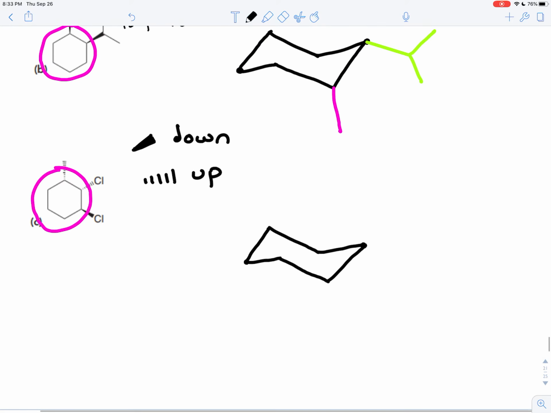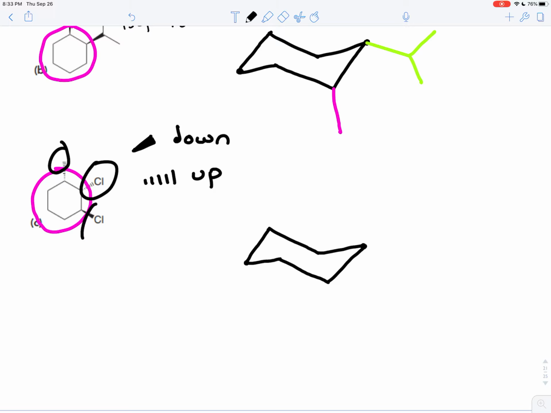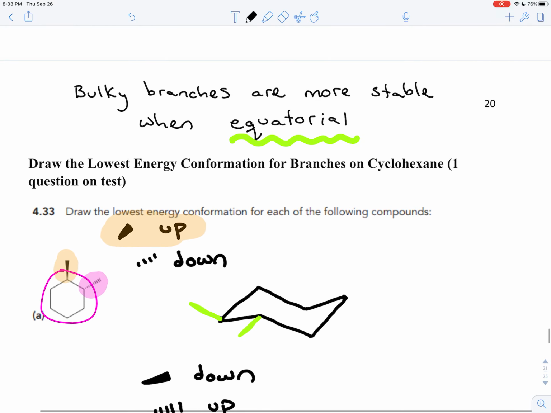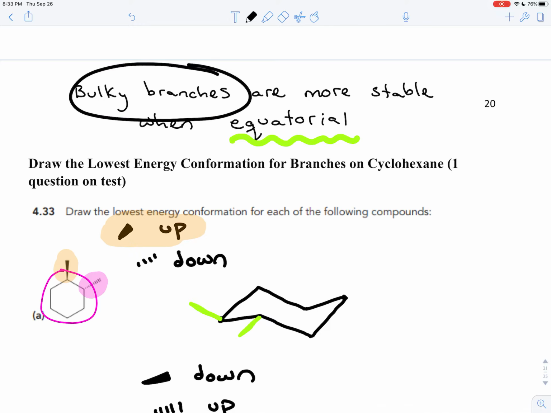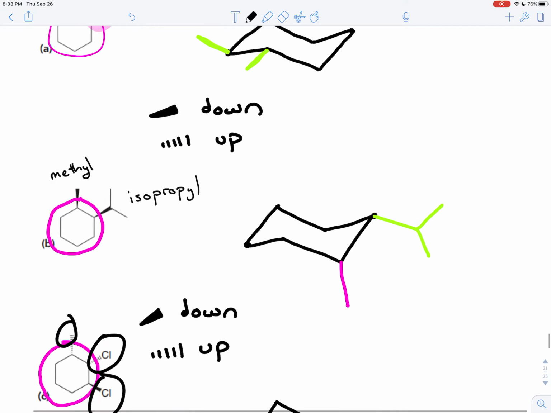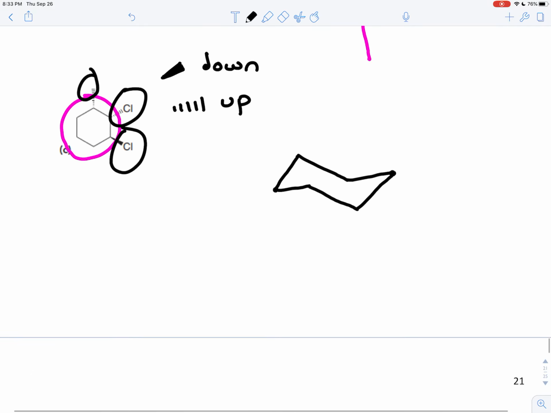What we want to think about in this exercise is what will give us more equatorial branches. Because all three of these have the same bulkiness, they're all equally bulky, so one of them wouldn't prefer to be equatorial more than the others. It's just a matter of how can we get the most equatorial branches possible. That'll be the most stable figure.